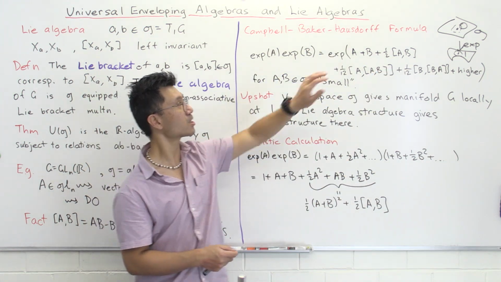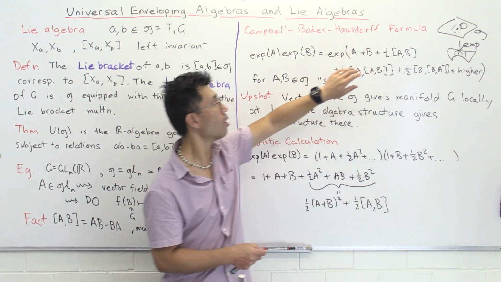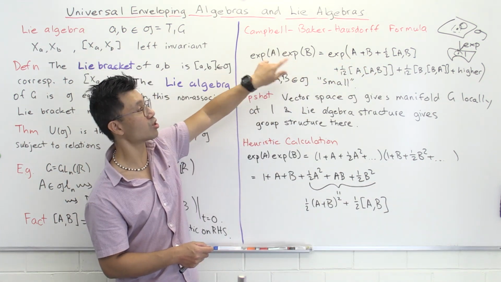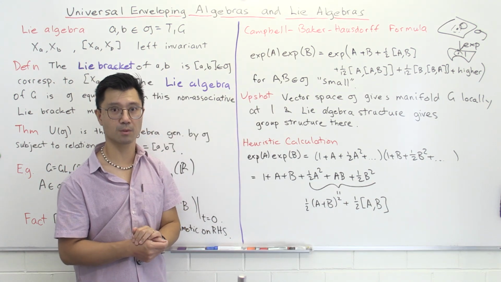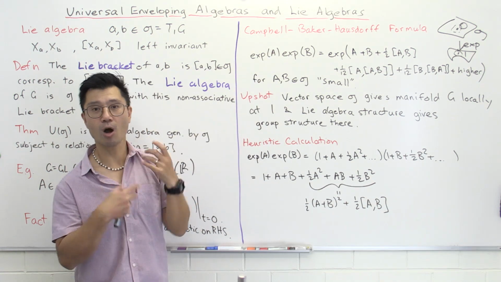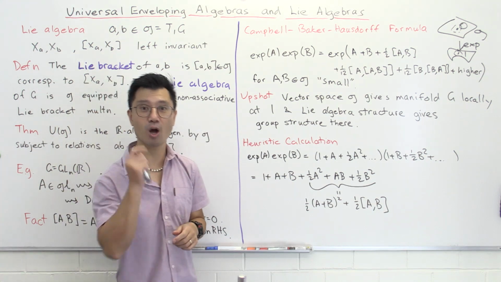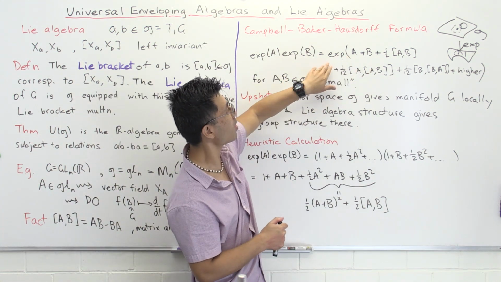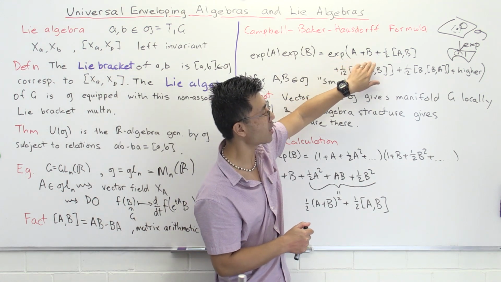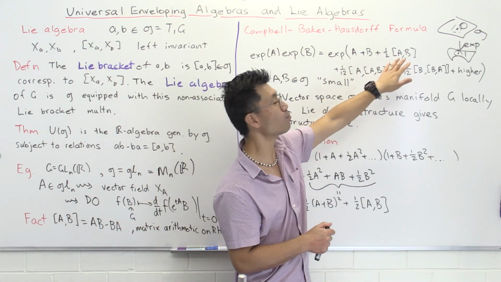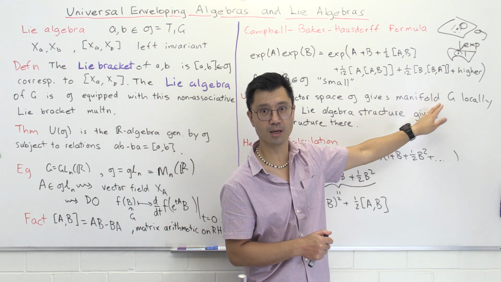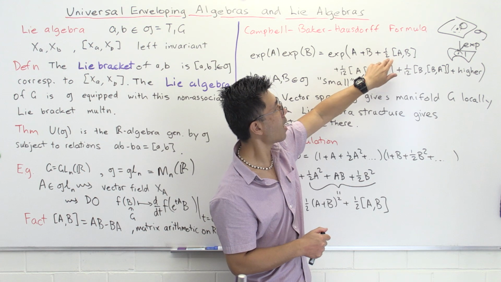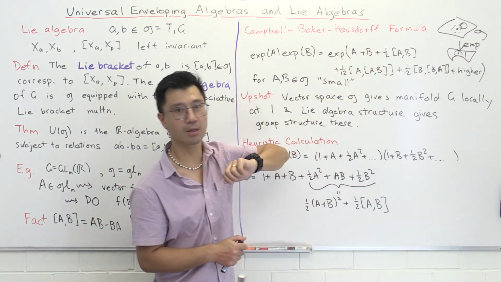The exponential of a plus b is commutative in a and b, whilst if a and b don't commute, then the exponential of a and the exponential of b don't commute, so you can't swap the order of these two. So you might expect that the commutator should come in. And in fact, the commutator does come in. It turns out that you can modify the usual formula, the exponential of a plus b, with all these commutator or Lie bracket terms. The first Lie bracket term involves just a Lie bracket of two things, half the Lie bracket of a and b.